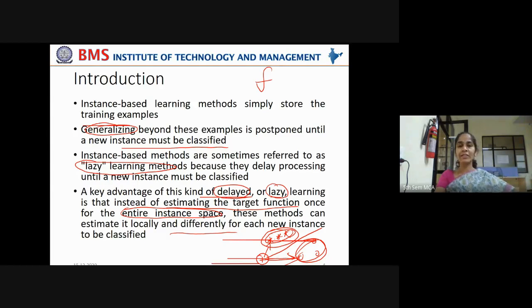A new instance is taken, compared with all the training examples, and only then is the classification task performed. Until then, it just stores the training examples. It doesn't perform any other kind of processing until the new data point, the new instance, is given.